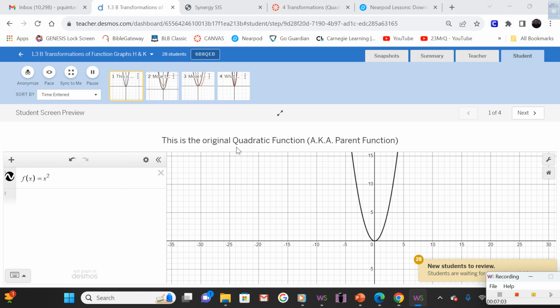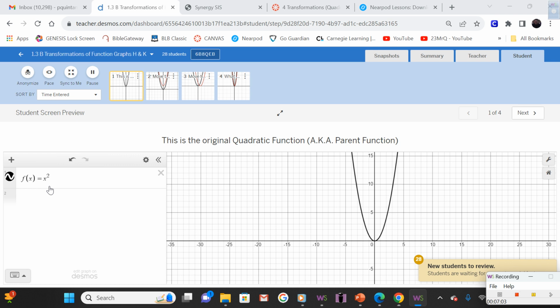From this point forward, anytime that we start with a function, Anthony, that is going to be called a what? A parent function. In this case, f of x on the left side equals x squared.